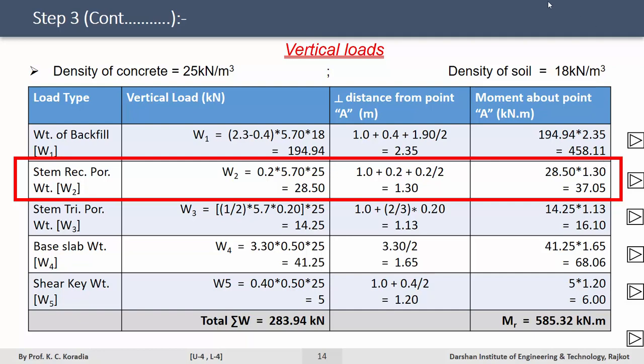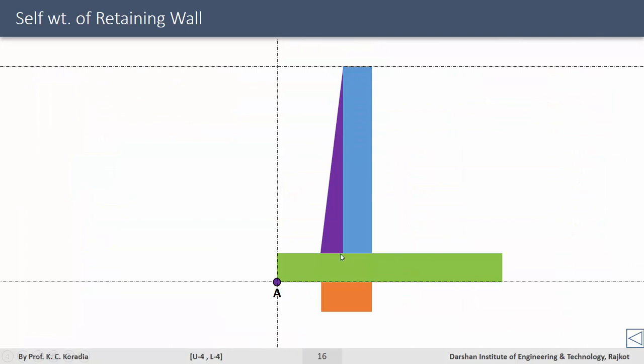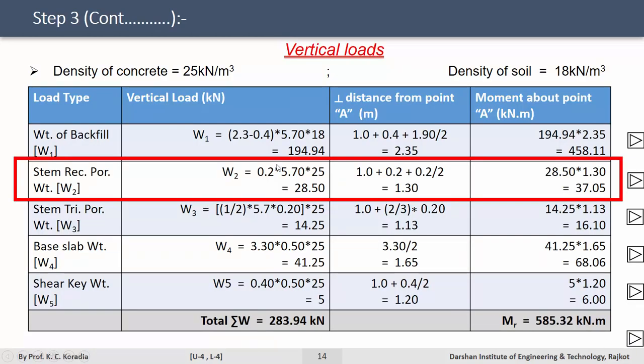The rectangle portion has its width 0.2 meter and its height 5.7 meter. Here 0.2 is the width, 5.7 is the height and 25 is the density of concrete, which gives 28.50 kilonewton in a vertical downward direction.